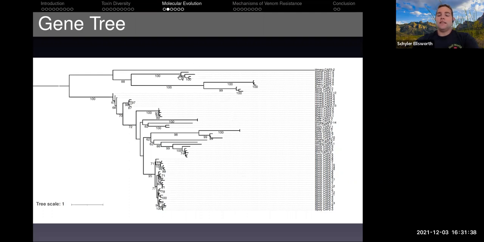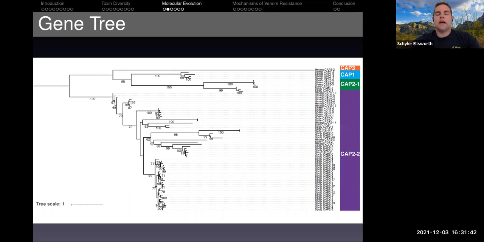And these actually nicely cluster with what is currently known about these venom proteins from other work, where they've been separated based on their recruitment into venoms, their genetic history, as well as their function.